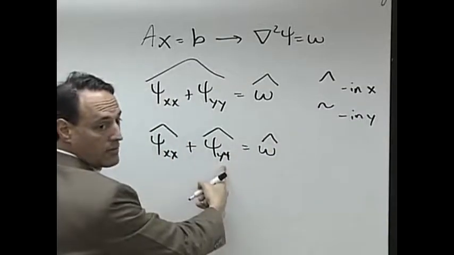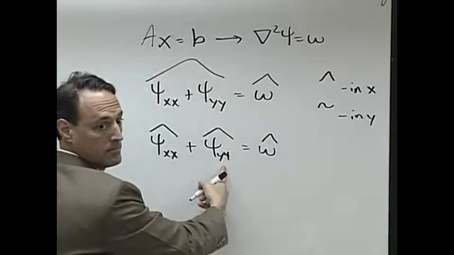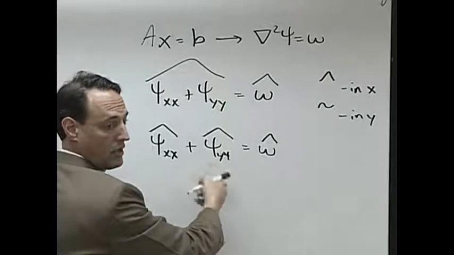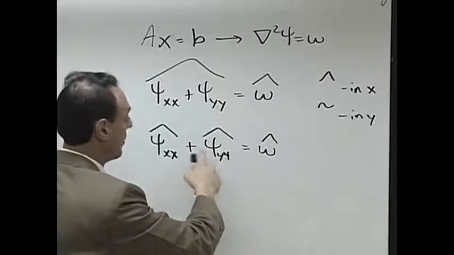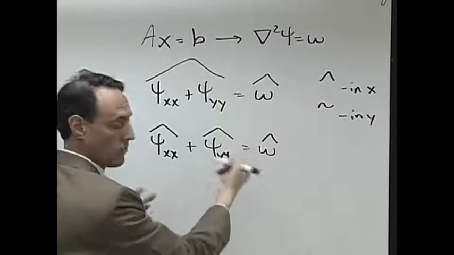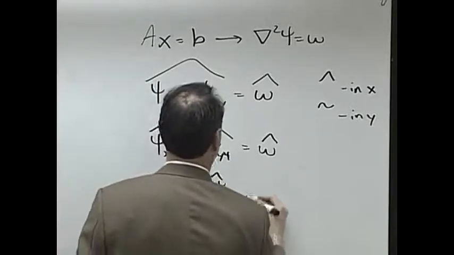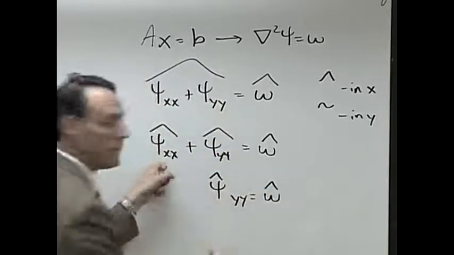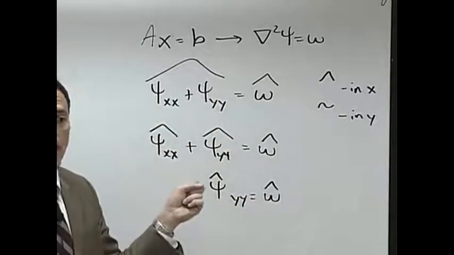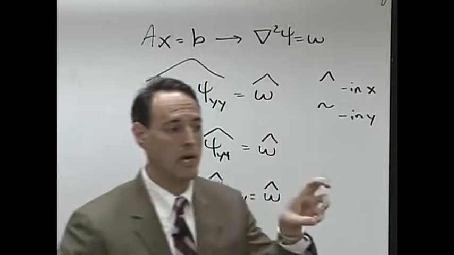Now, the y derivatives don't matter. I can interchange the integral and the Fourier transform in x because y is an independent variable. So this becomes psi hat yy. Fourier transform in x, I pop out an ik squared.